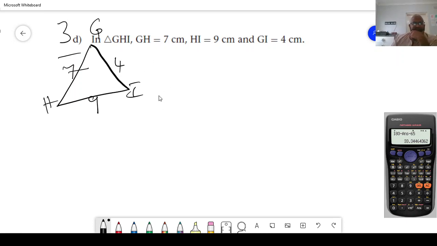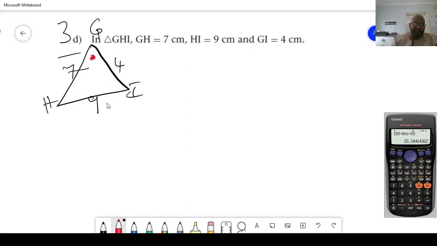So as indicated before, if we need to solve the triangle, we need to calculate all the unknown angles and all the unknown sides. In this case we've got all the sides, so we're going to go with all the unknown angles. Okay, so let's go with that. We're always going to go with the largest length, so if it's obtuse, we'll pick it up immediately.